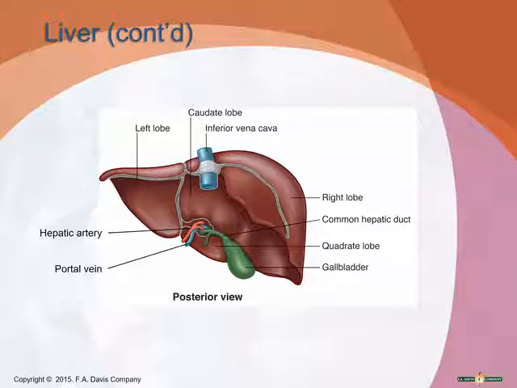So the hepatic artery is going to bring lots of oxygen from the heart to the liver. Veins carry deoxygenated blood back to the heart. So the portal vein will carry oxygen-poor but lots of nutrients from the digestive organs and spleen to the liver.